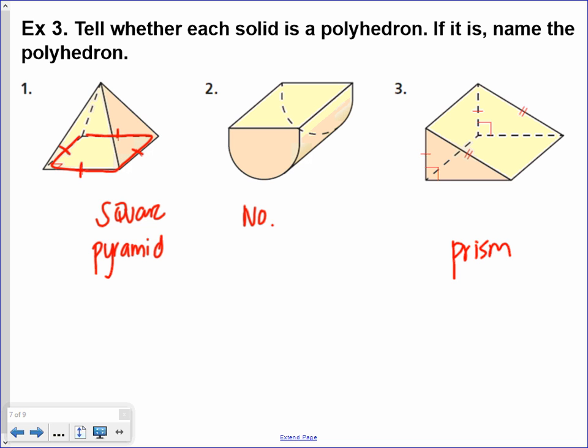Has two bases. The bases are the only sides, or the shape, that you only have two of. So what's the shape of our base here? Triangle. Yep. So that'd be a triangular prism. Looks like a block of cheese.